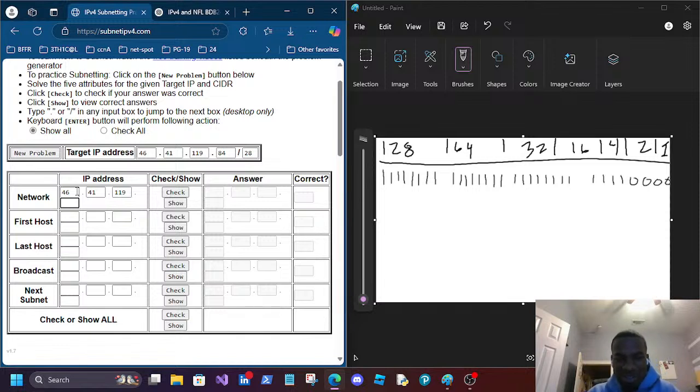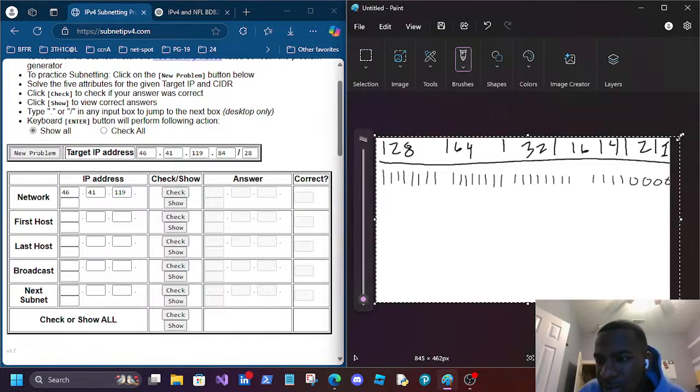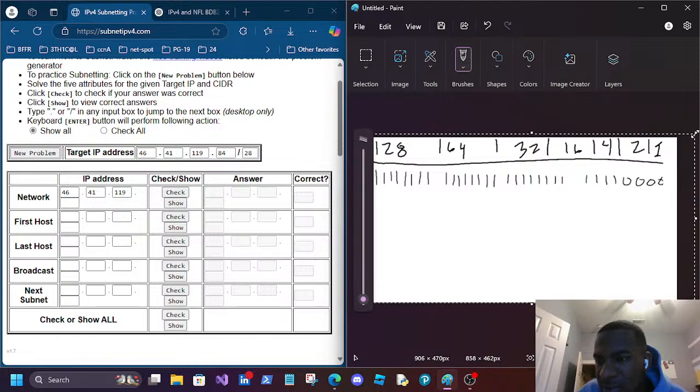Alright, now this tricky part, this is where I go back to this, right? Because 1, 2, 3, 4, 5, 6, 7, and a 0 would have been 8. But I ran out of room. Can I stretch it out? I can stretch it out.